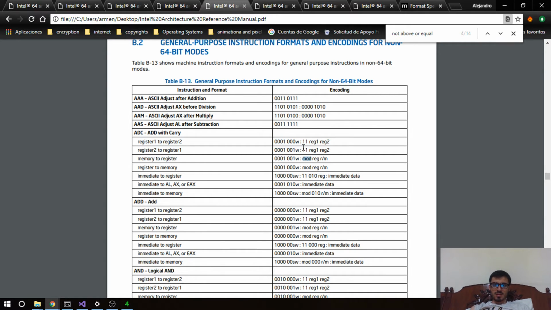Some of the instructions have specific ModR/Ms that have to be respected. For example, register 1, register 2, that makes sense. Whenever it's a variable thing, we have a math here. We don't have a SIB in here, and that's probably because it's implicit.